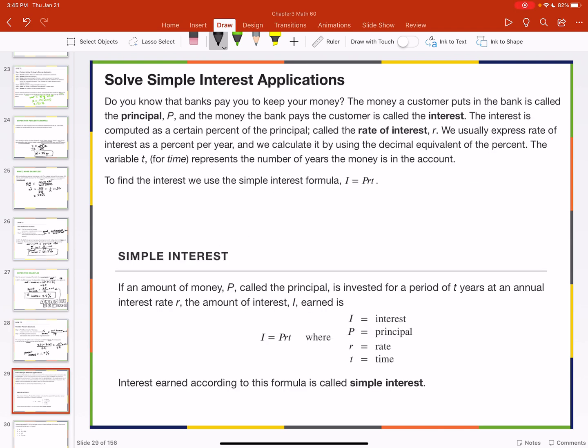Okay, so let's do simple interest. Simple interest is basically something where, when you deposit money into a bank, it collects interest, and usually it's simple interest, or it can be, there's different kinds.